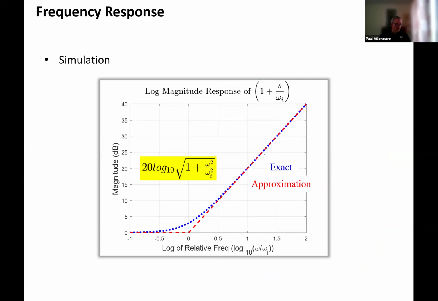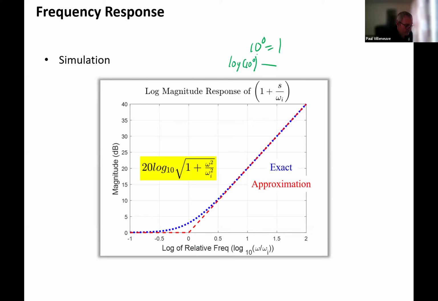So here's a more detailed one. Again, doing it with MATLAB, you can see the plot where we have a break frequency and it's all relative. So this is a relative plot. So log 10 of omega over omega sub 1. The reason why this works at 0 is because they're the same. So remember, log 10 of 1 is going to be equal to 0. Why? Because 10 to the 0 equals 1. So basically, when you do the logarithm of something, you're pulling out this number over here.